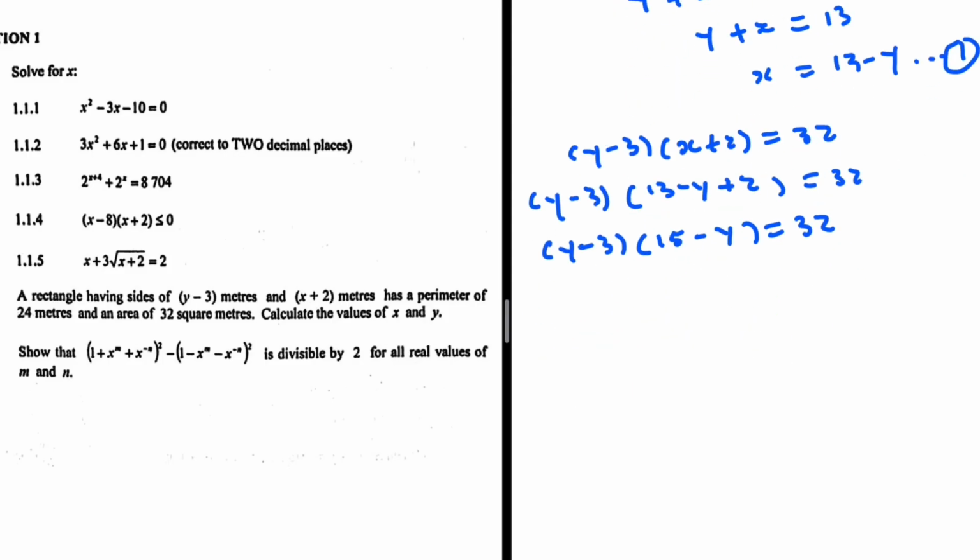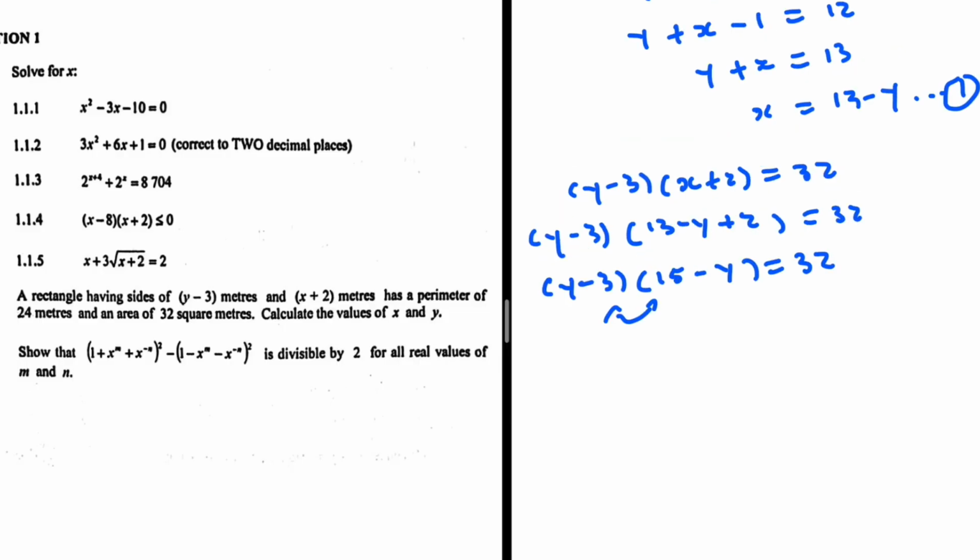Right. So we have y minus 3 multiplied by 15 minus y being equal to 32. So we can multiply these two brackets and bring 32 to the other side.